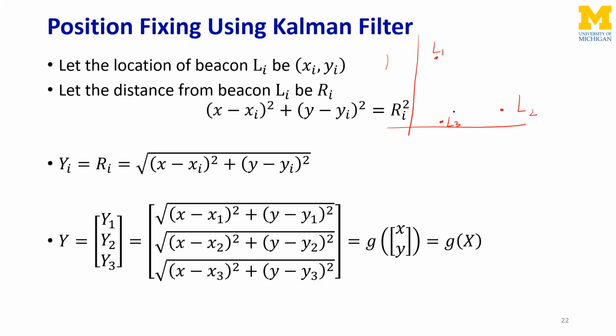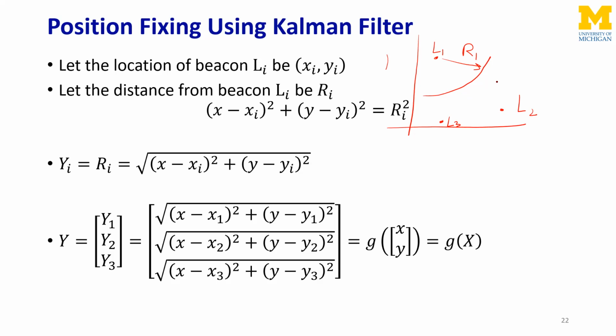So we have these 3 beacons. And let's say the distance that we measure from the beacon Li is Ri. So for example, if I measure R1 from L1, then I can be anywhere on this circle.